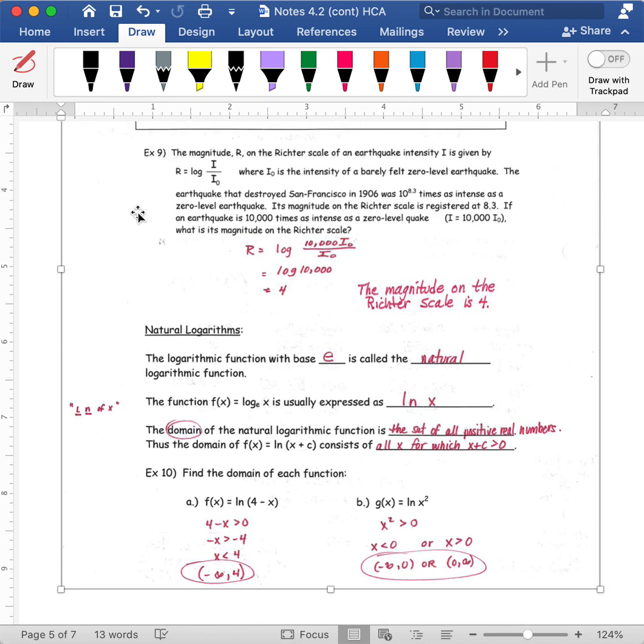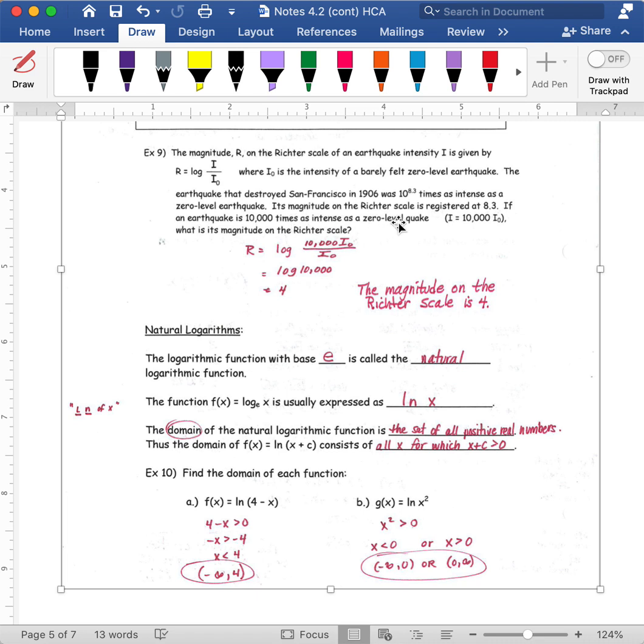Richter scale problem. You'll have one of these on your quiz. So we're just going to simply use this little formula and substitute into it. It's telling me that I sub 0 is the intensity of a barely felt zero level earthquake. All right, so it says here, the earthquake that destroyed San Francisco in 1906 was 10 to the 8.3 times as intense as a zero level earthquake.